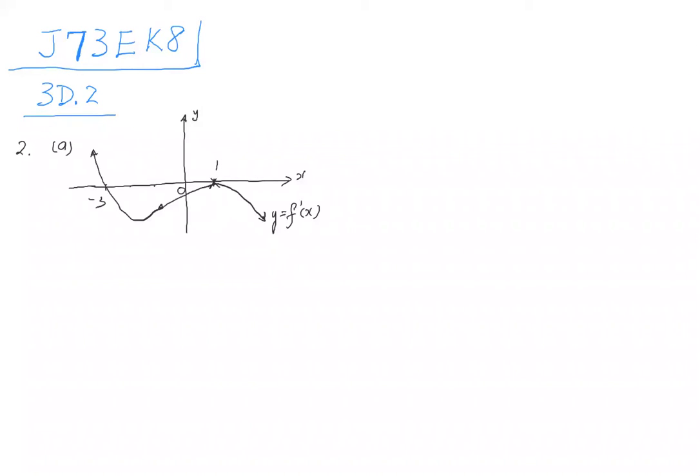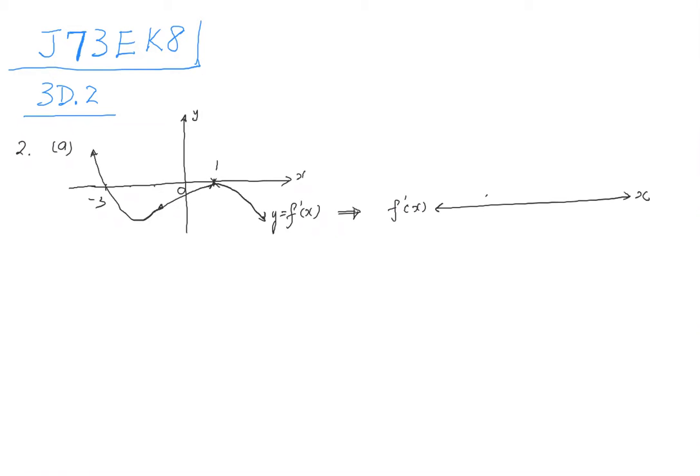This is the f prime x graph, right? So when I want to do an f prime x sign diagram, based on the f prime x graph, what are the important points that I must put on it? -3, the x-intercept. Am I right?